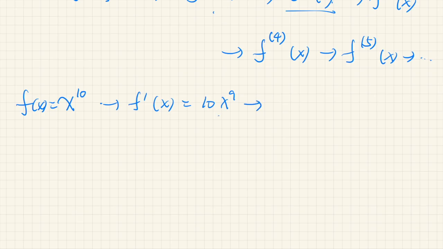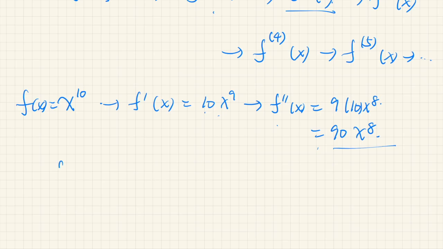So if we differentiate it, f double prime, the second derivative, is 9 times 10 times x to the power of 9 minus 1, that's 8. So 90 times x to the power of 8. So that's the second derivative. And you can also differentiate this function again, and then again, and again.